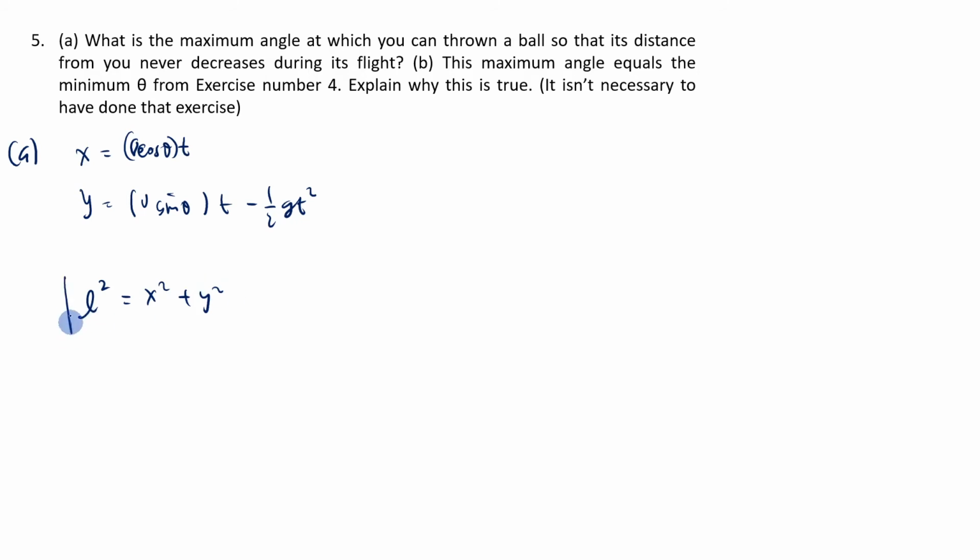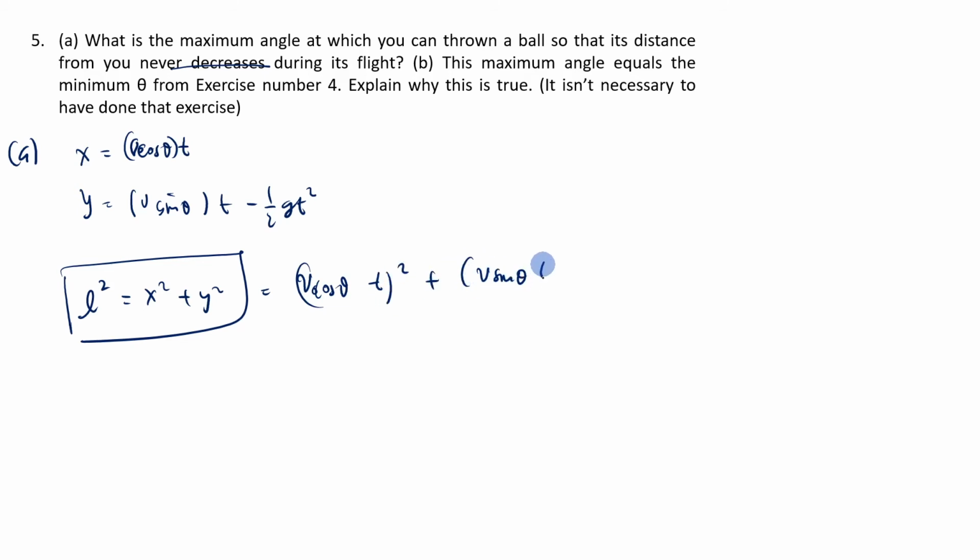Of course, this is the constant value, never decreases during the flight, and we can substitute the x and the y by v cos theta times t squared plus v sin theta t minus 1/2 g t squared, and we get like this, and this is v squared sin theta squared times t squared.